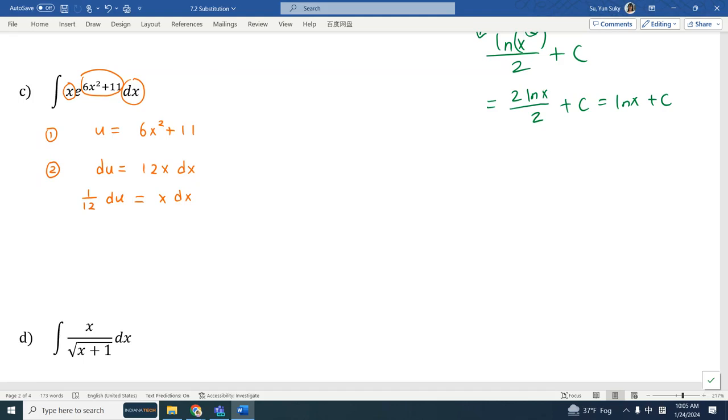This is step 3, we plug in. How do we plug in? x dx is 1 over 12 du. Where do you put 1 over 12? Constant multiple, you can put it in front. So we put 1 over 12 in front. And where do you put the du?